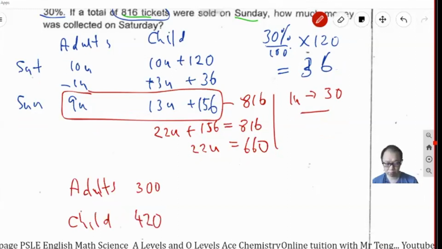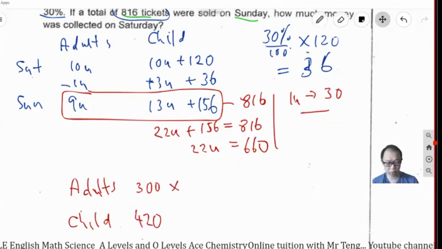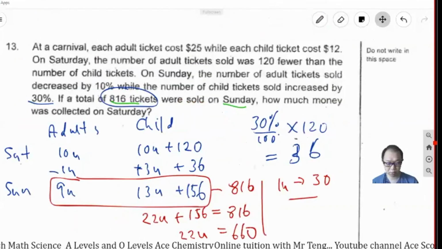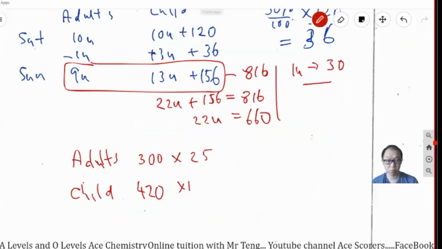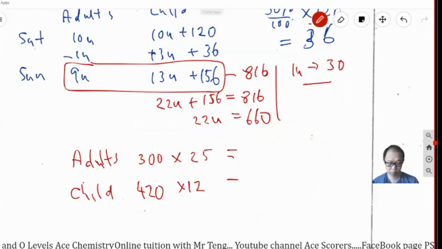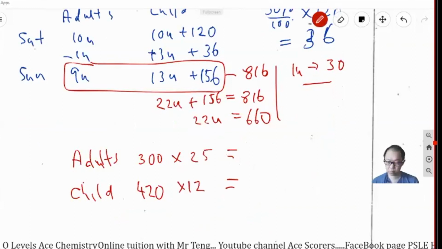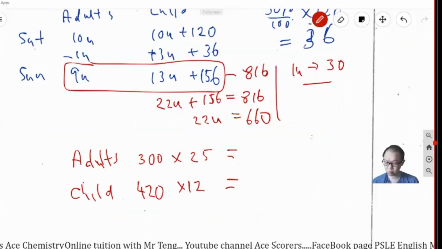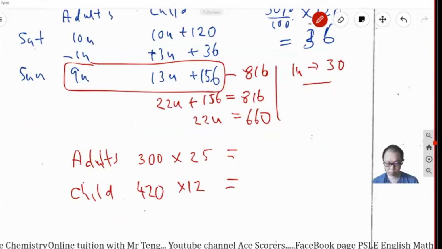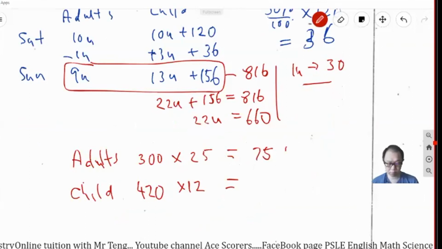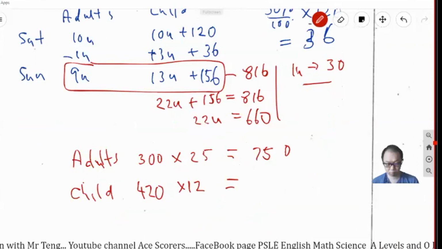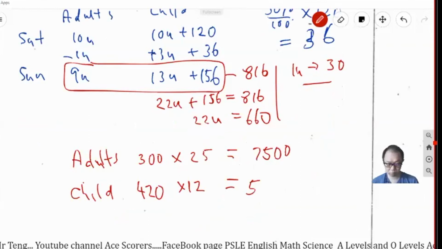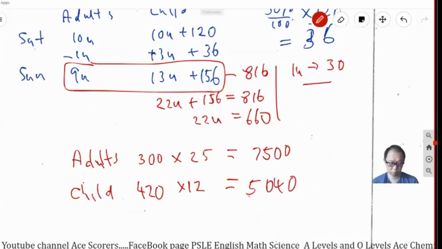Then adult ticket costs 25, child is 12. 300 times 25 is 7500. 420 times 12 is 5040. Add them together.